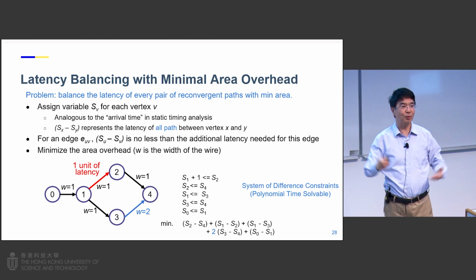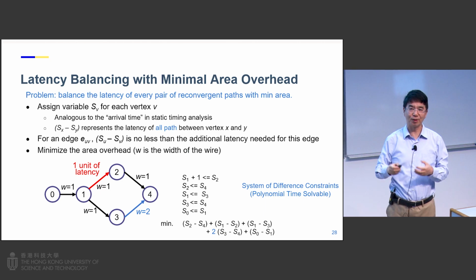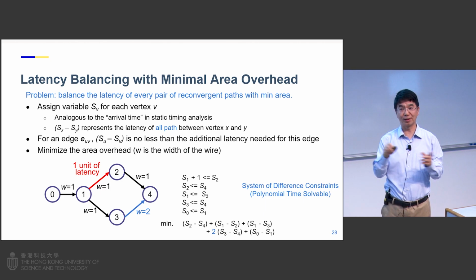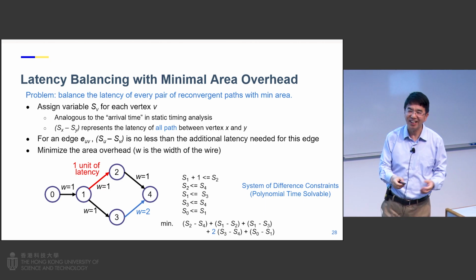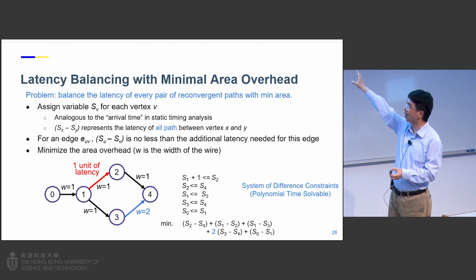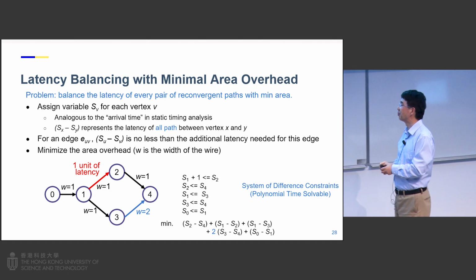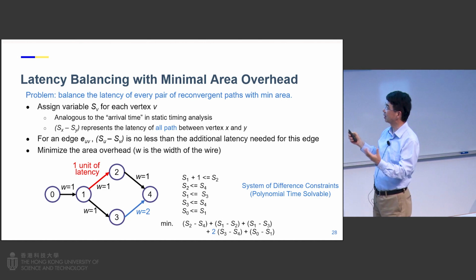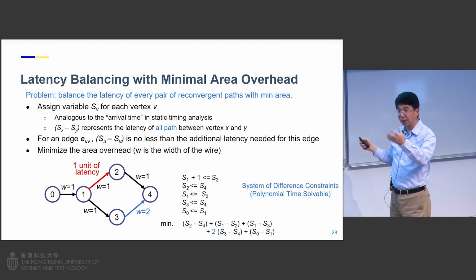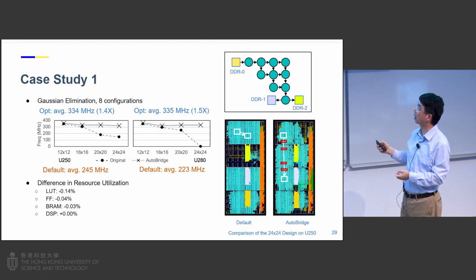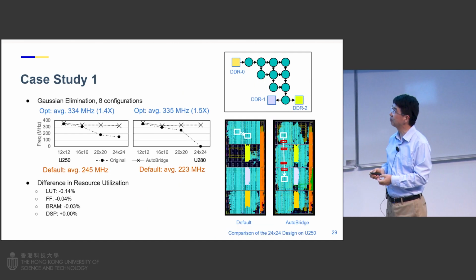So for those of you who are running Vivado HLS or Vitis HLS, now you know the secret algorithm behind that: the scheduling is solved using this system of difference constraints. And then you can add more constraints to approximate solutions. So this is very effective.